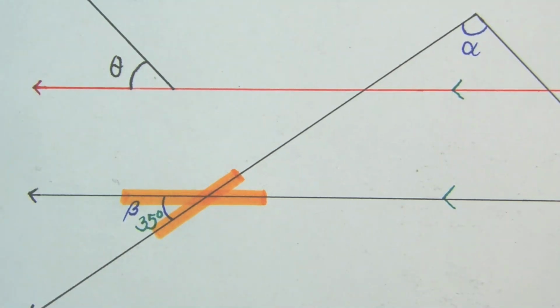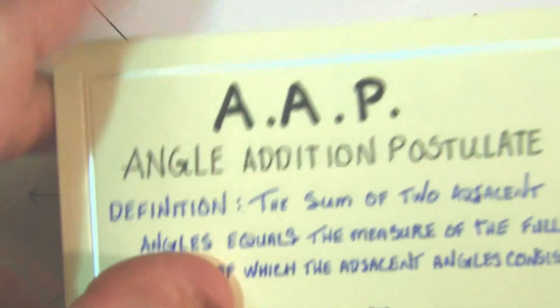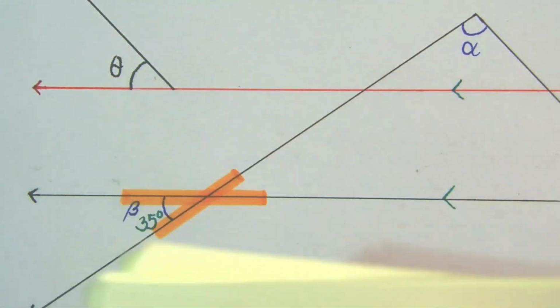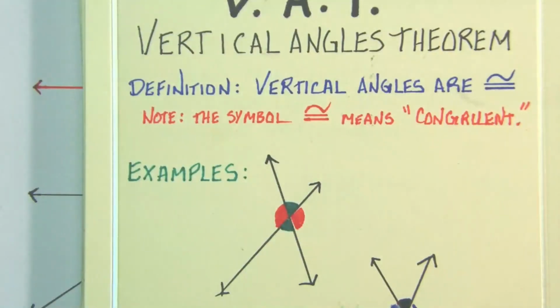All right? Now, let's go to our cards. No, not angle addition postulate. Not the alternate interior angles. The triangle exterior angles, no. Corresponding angles, no. Vertical angle theorem. Here we go. So let's see what it says.